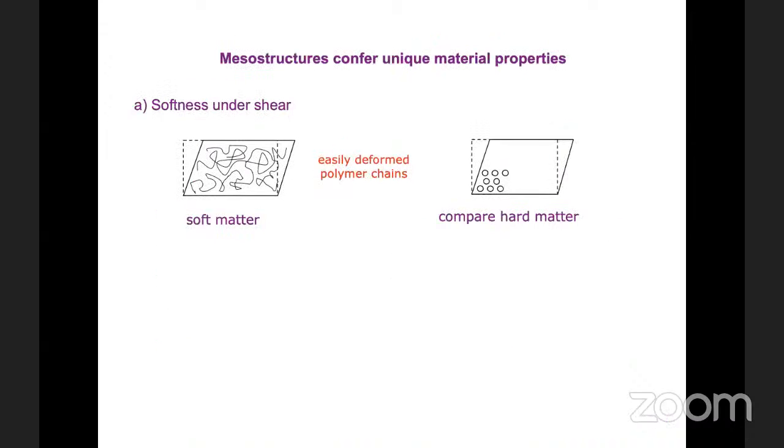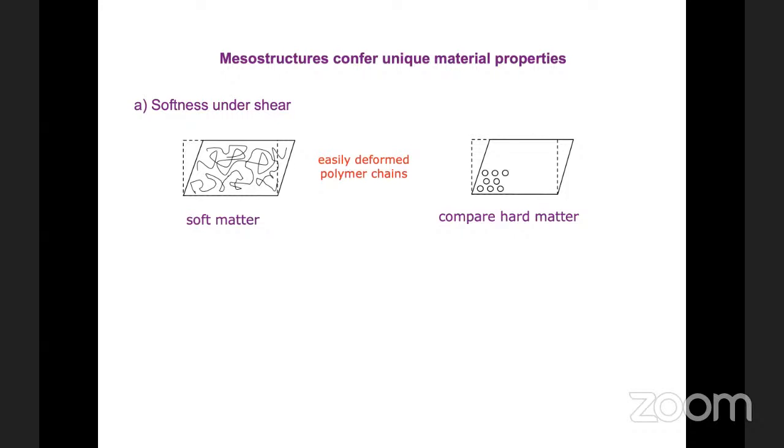Now, the presence of these internal substructures confers on these complex fluids, sometimes also called soft materials, and those descriptions are often used interchangeably, a softness, most notably under an applied shear.